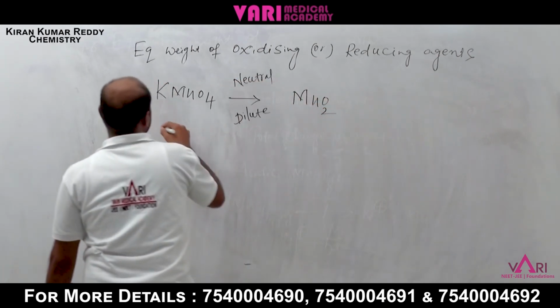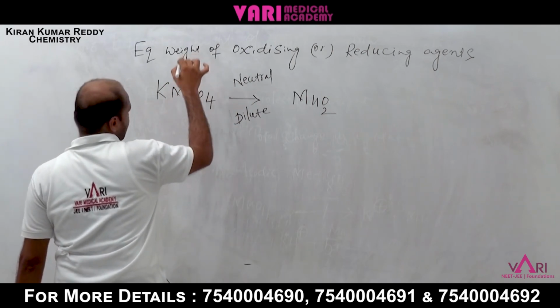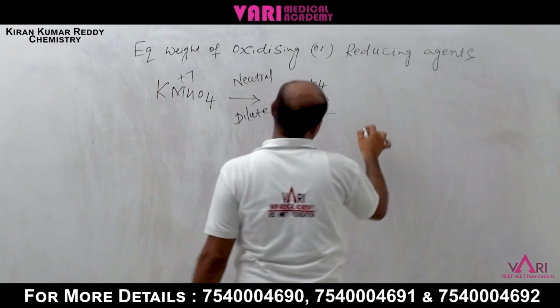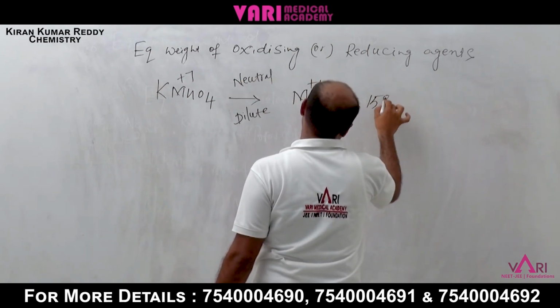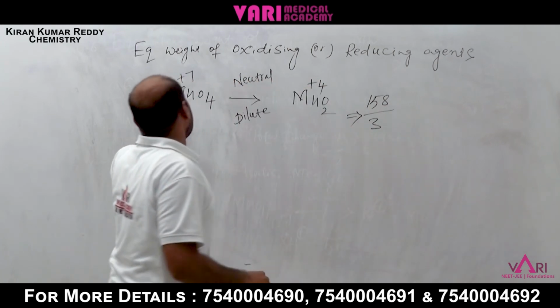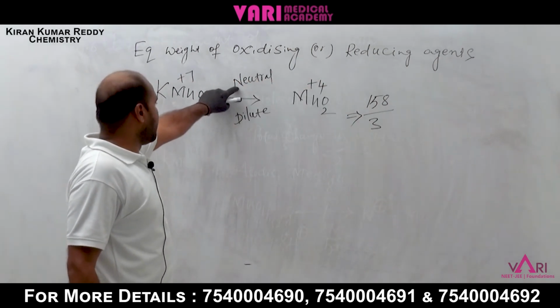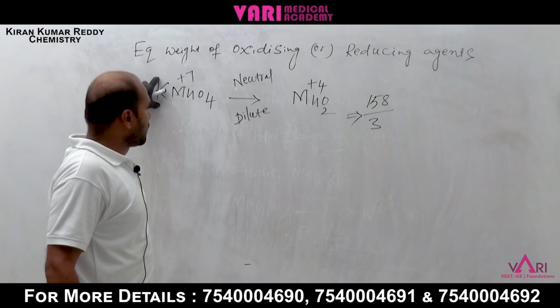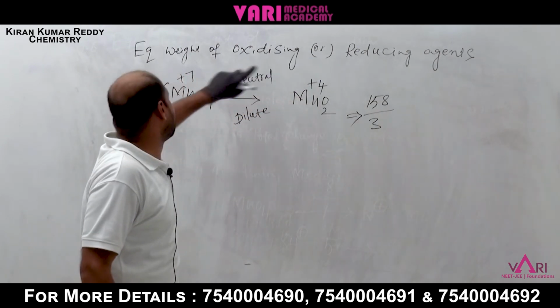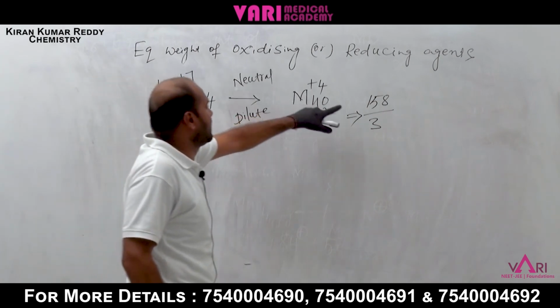What is the oxidation state? Here KMnO4 is plus 7, here it is plus 4. Molecular weight is 158 by 3. In neutral medium, KMnO4 is converted to MnO2, with plus 4 and plus 7 oxidation states.